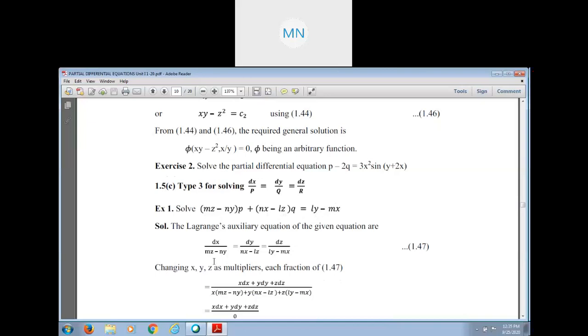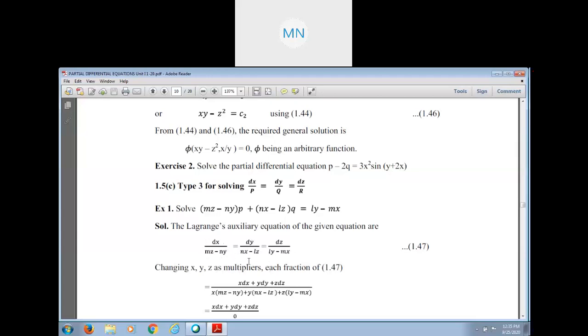Here see that in P, Q and R all the terms are multiples of some l, m, n. Here these are multiples of some others. So for this type of equation, first you have to take the LCM.